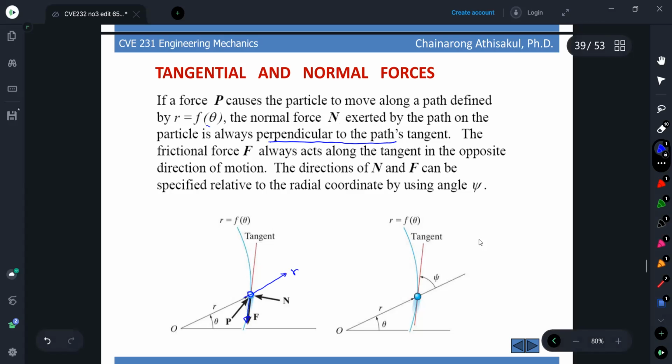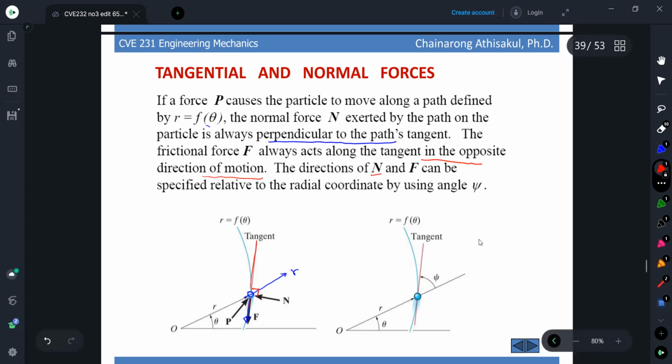The path in this case is along the tangent line, so it is perpendicular to the tangent. And the friction force F always acts along the tangent in the opposite direction of motion.